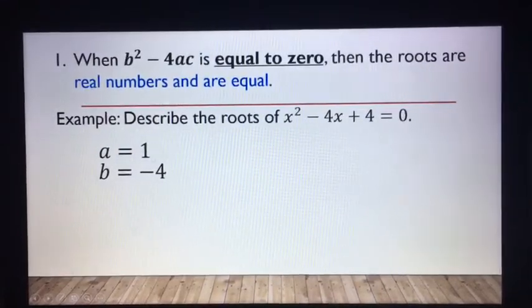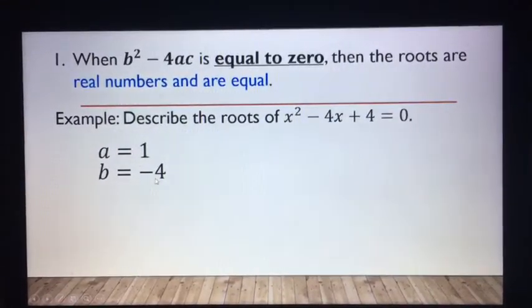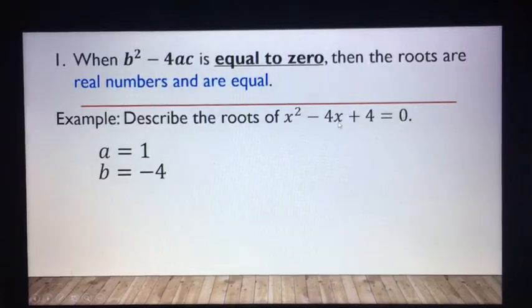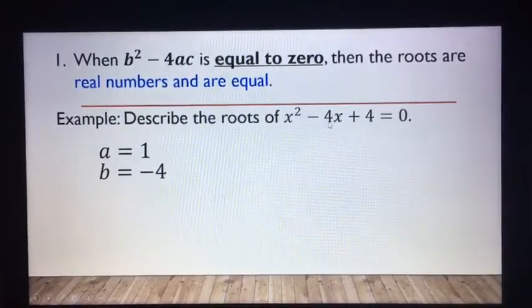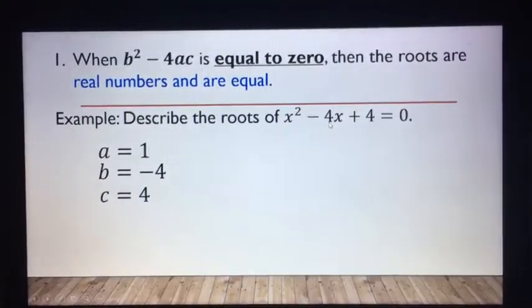B is negative 4. Where did the negative 4 come from? From the linear term, negative 4. And C is 4. That is our constant term.